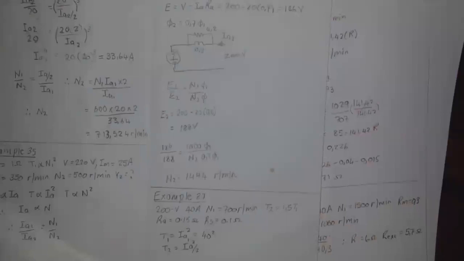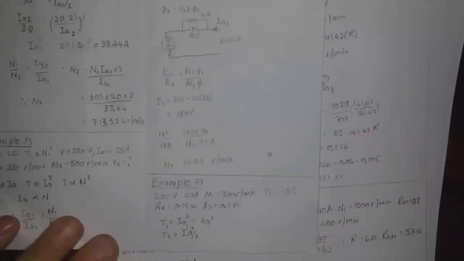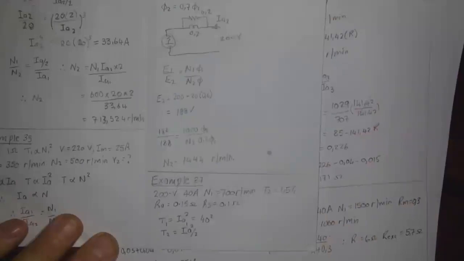So you see, all these problems, they use the same formulas. So look at number 37. It says there we have a 200 volt series motor taking 40 amp, and the speed is 700 revs per minute. And the second torque is 50% higher than the first torque, so T2 is 1.5 T1.